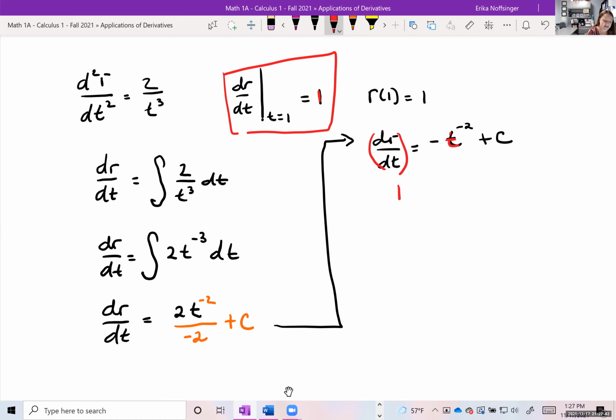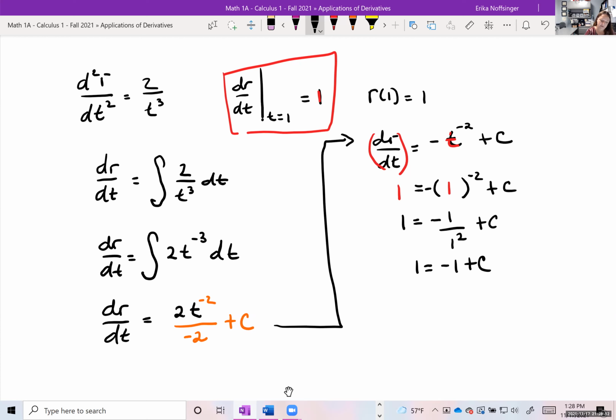But we're given that if t is 1, then dr dt is also 1. So we have 1 is equal to negative 1 raised to the negative 2 power plus c. Well, 1 to the negative 2 power, we can bring down to the denominator and make it a positive exponent, which is still 1. And so we have 1 equals negative 1 plus c.